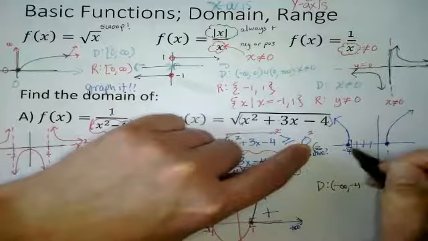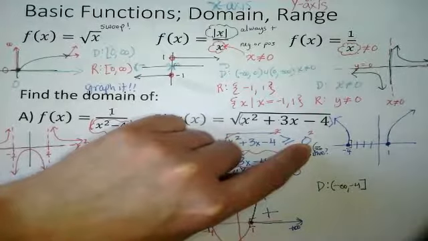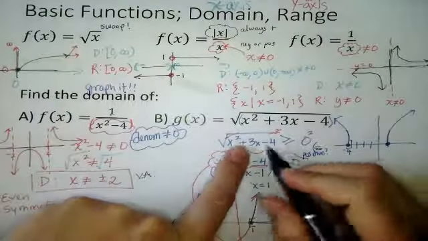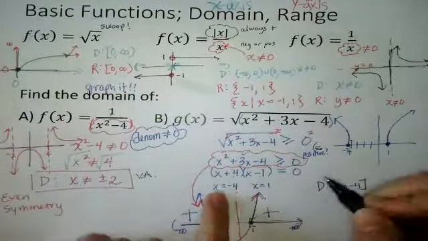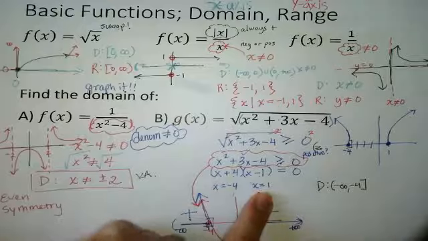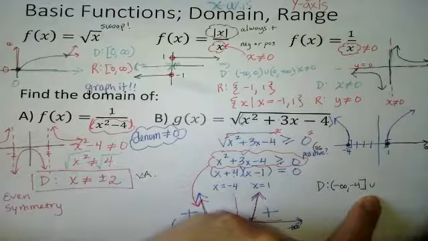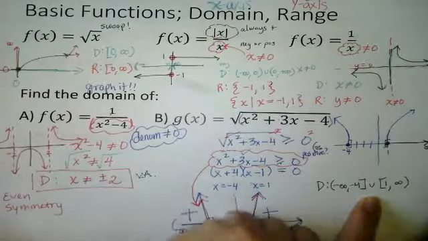Parenthesis at -infinity. Why do we use a bracket at -4? Because that's where it is actually equal to 0. So that whole thing equals 0 at -4 and 1. So we can solve equal to 0 very easily. And from 1 all the way to positive infinity, we also have an output.